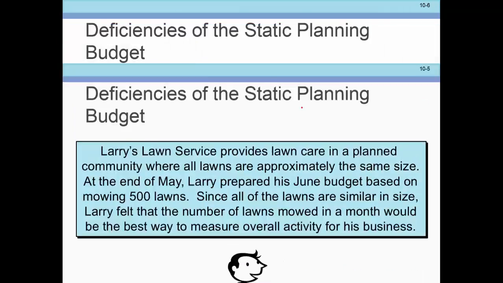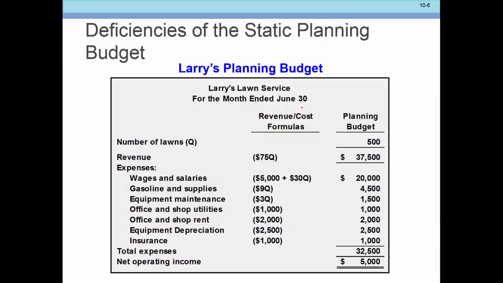So he prepares this budget, and if he's going to mow 500 lawns and he charges $75 per lawn, his revenue should be $37,500, right? Easy enough. He has some fixed wages of $5,000; he's got to pay an accountant to keep track of all this, and he just tells the guy, hey, I'll pay you $5,000 a month, whatever.